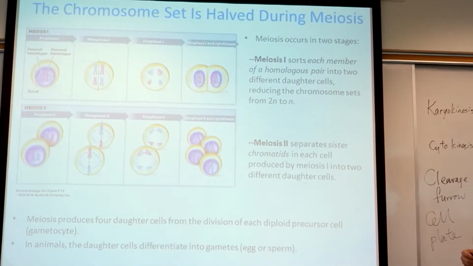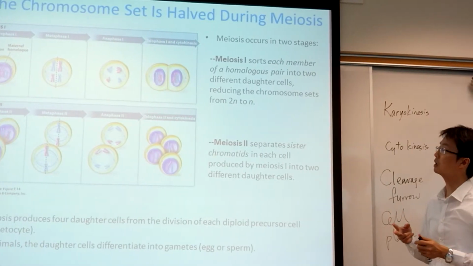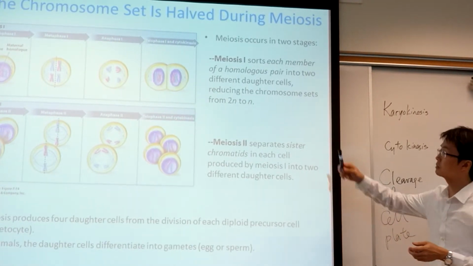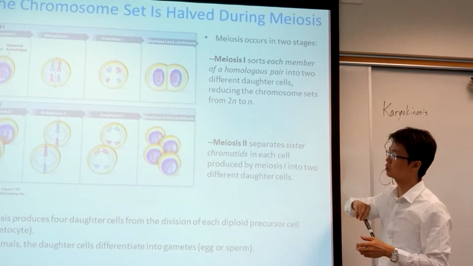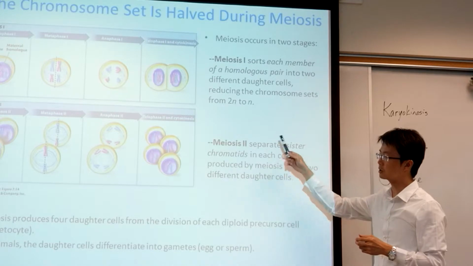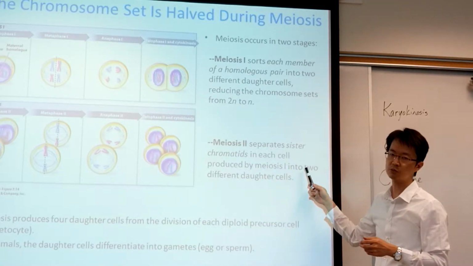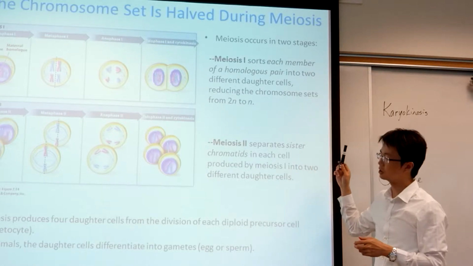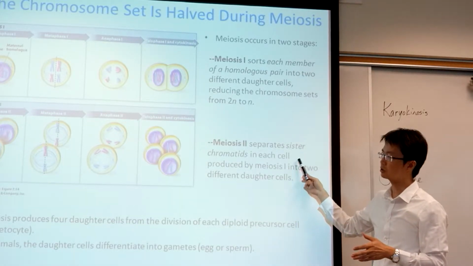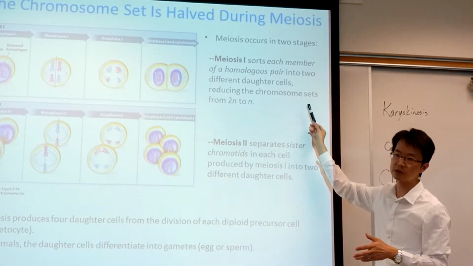We divide meiosis into two separate stages. The first one is meiosis 1, the second one is meiosis 2. To make our life simple, meiosis 2 is exactly the same as mitosis. So if you know mitosis previously, then meiosis 2 is exactly the same. So we want to focus on meiosis 1.